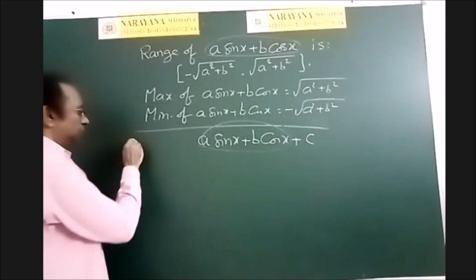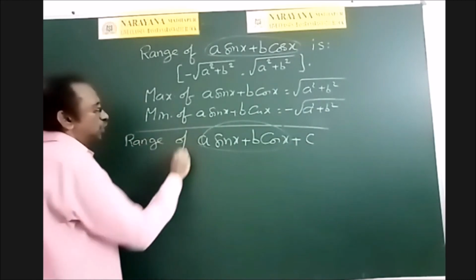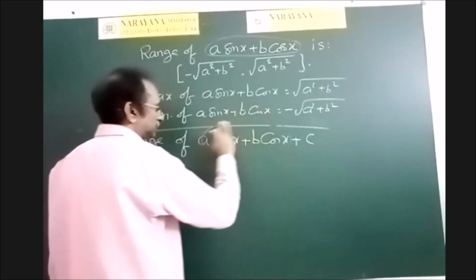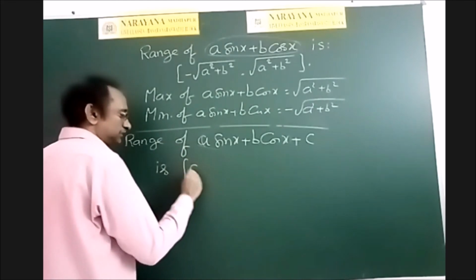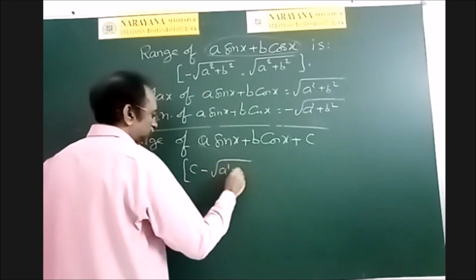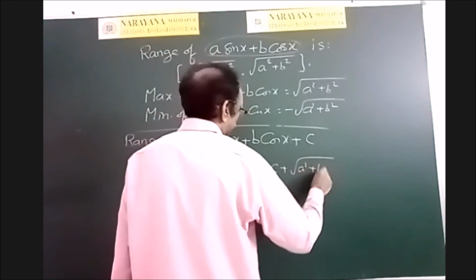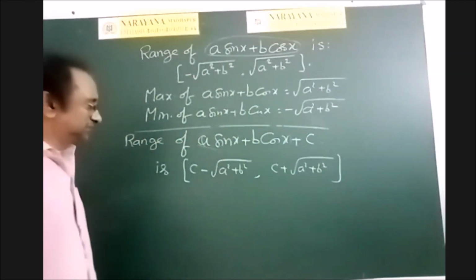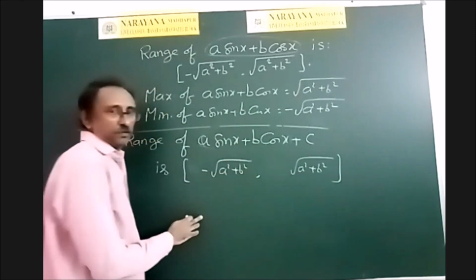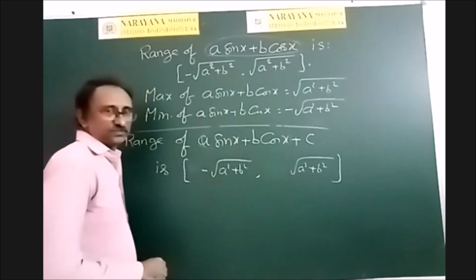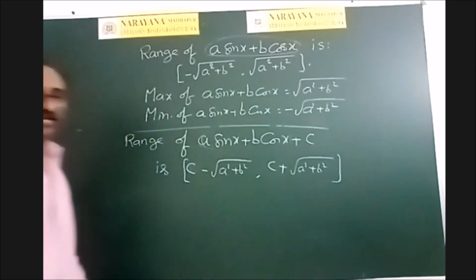So I can write directly, range of a sin x plus b cos x plus c is closed interval c minus root of a square plus b square, c plus root of a square plus b square. So range of a sin x plus b cos x is minus root a square plus b square to plus root a square plus b square, and I am adding c. So this is the range of that function.